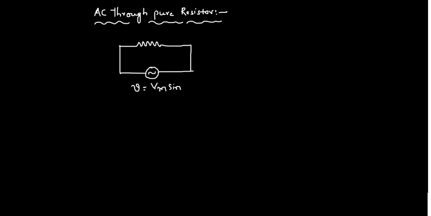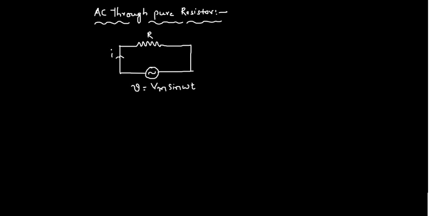Why? Because it is an AC quantity, and this is my resistance R. Whenever we excite any resistive circuit with a voltage source, we get a current I flowing in the circuit. Now let us see the waveforms of this voltage and current.